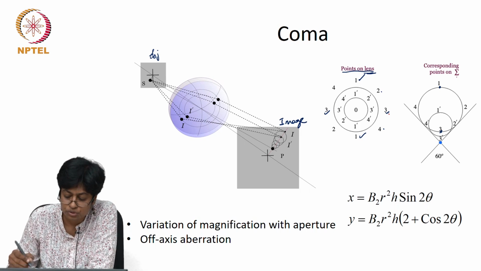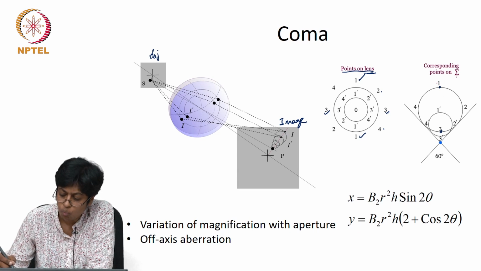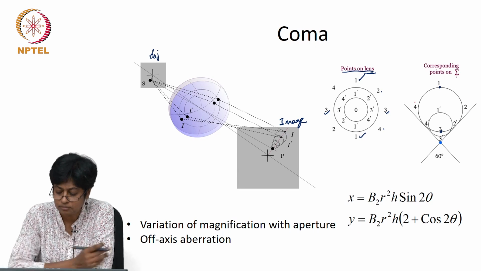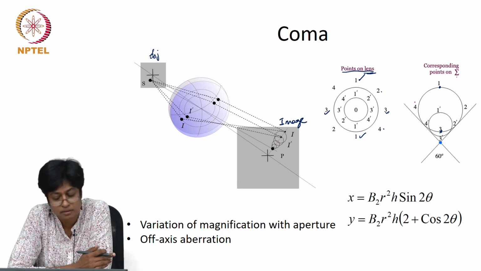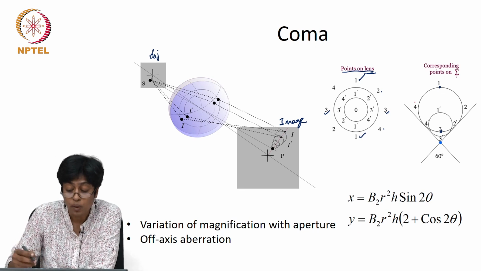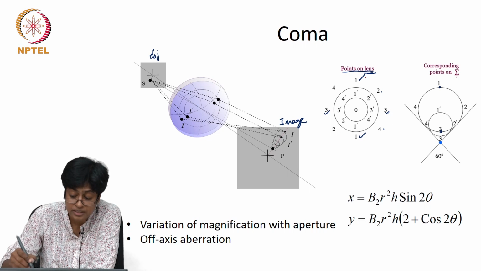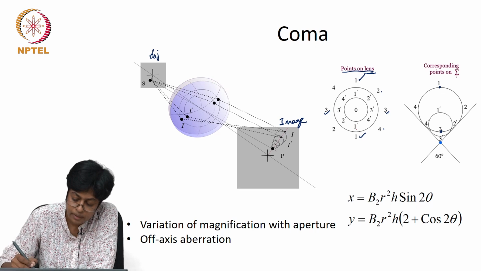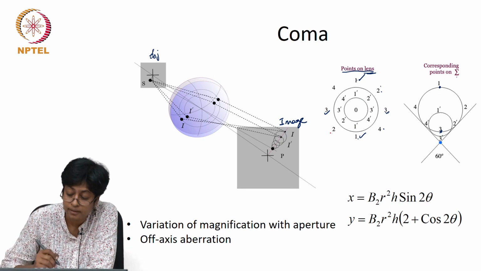So rays 1, 2, 3, 4 form 1, 2, 3, 4 in the image space. And you can see that while I traverse these rays, I have rays 1 and 1 again and 2 again.